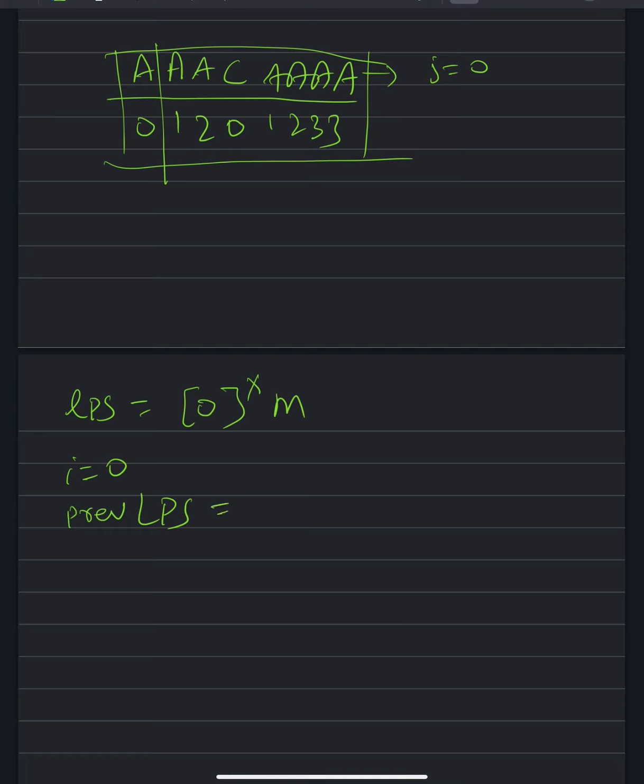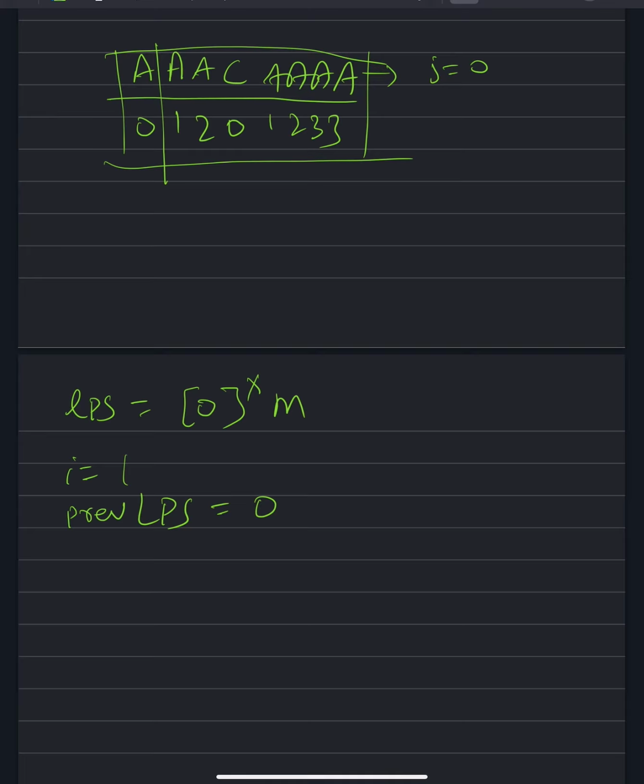For I equal to 0, the previous LPS will be 0. For the first element, it's always 0. Then let's start I from 1, because we already know for I equal to 0, LPS is 0, and from I equal to 1 we will calculate the LPS.